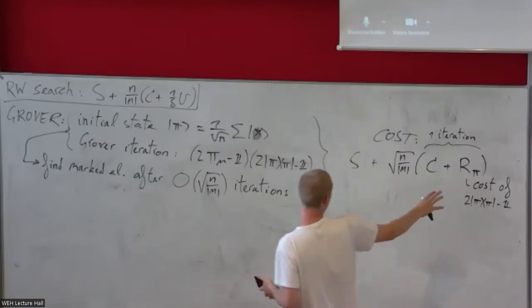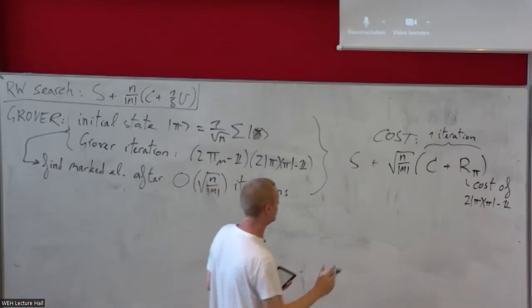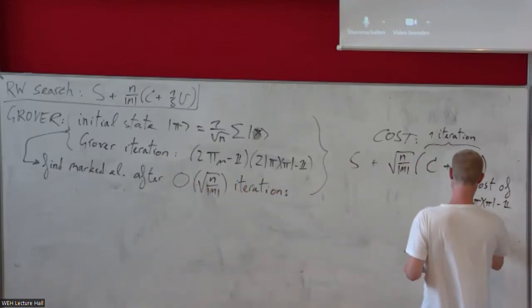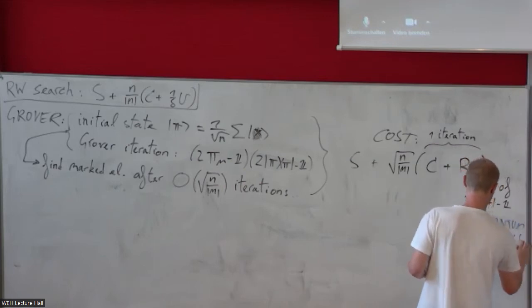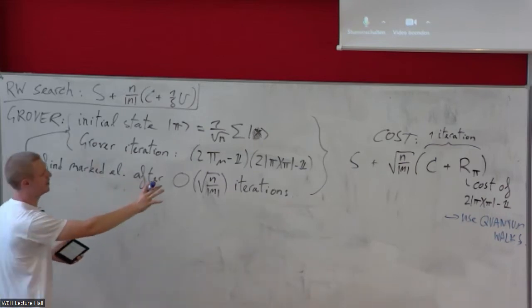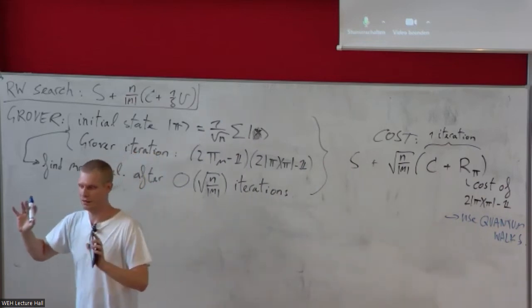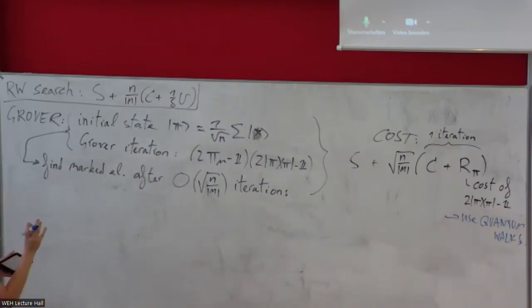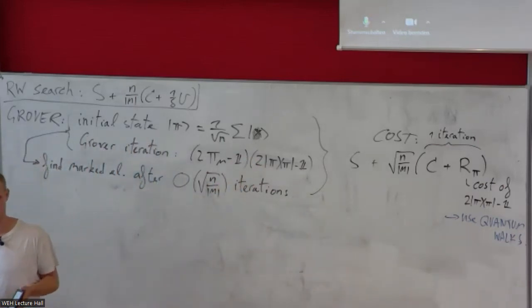In some cases, you can gain a lot by doing this in a different manner, and this is precisely where quantum walks pop up. So we're going to use quantum walks to implement that reflection, and then we'll have a quantum walk search algorithm. But really, you can think about it as Grover, where one of its building blocks we're using something else to do more efficiently.